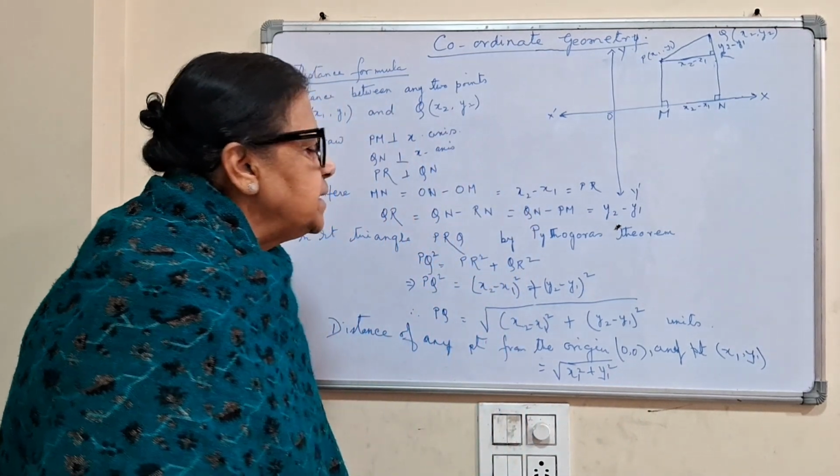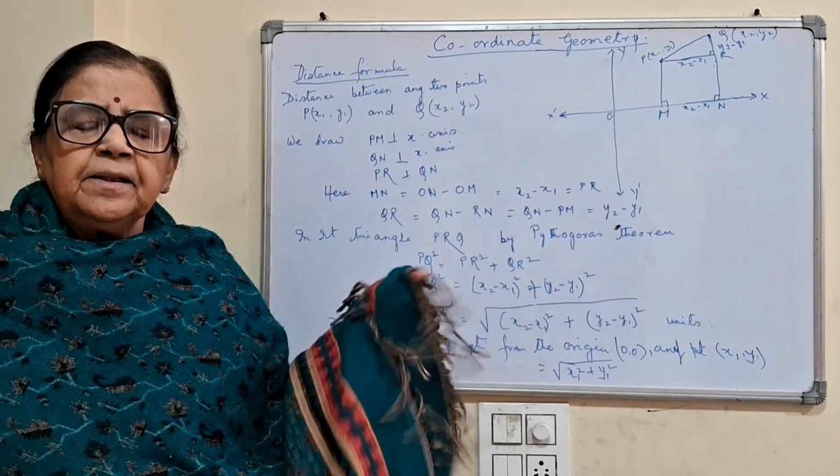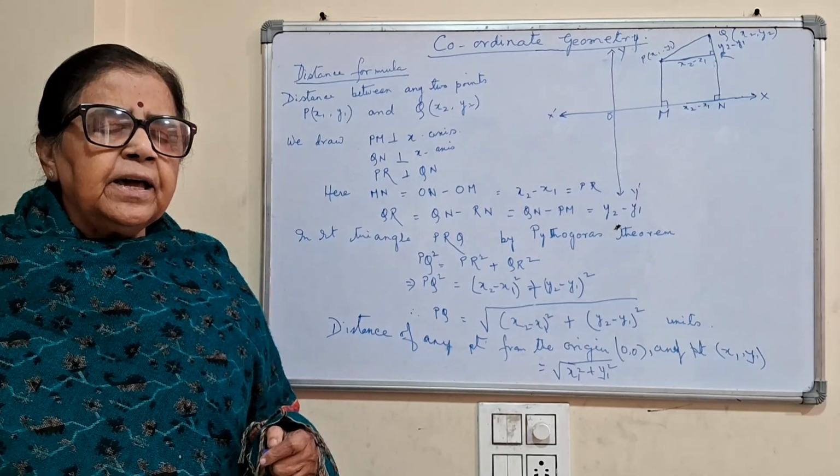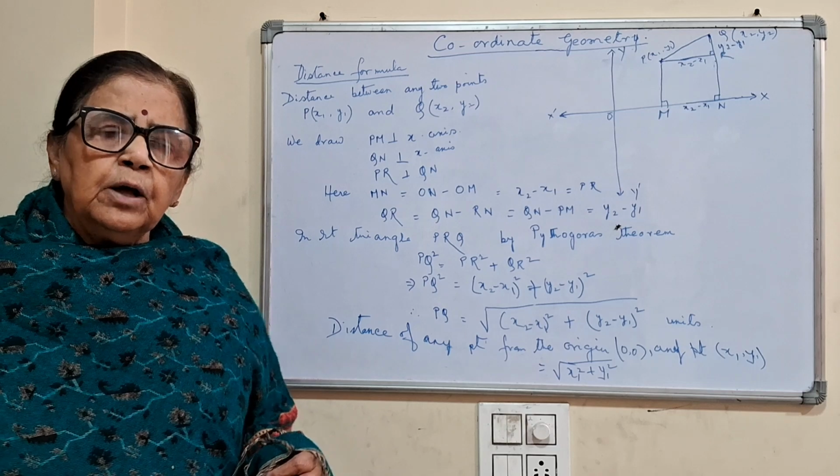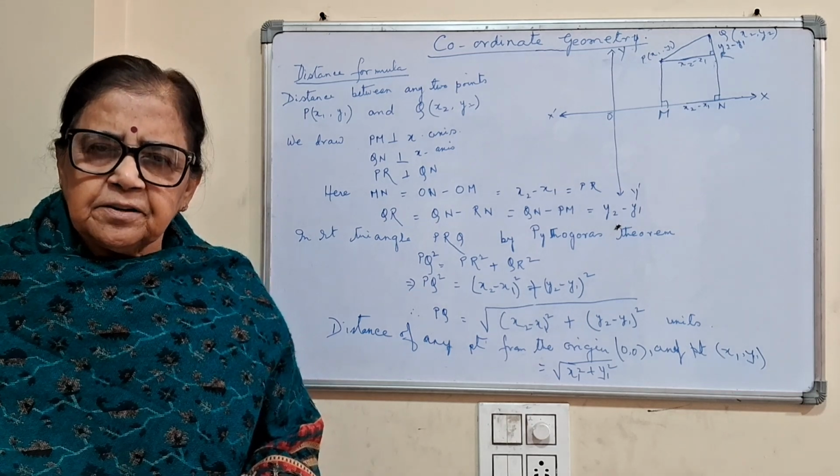This is called the distance formula on a plane for two points. Similarly, we can find the distance formula for three points, and so on.